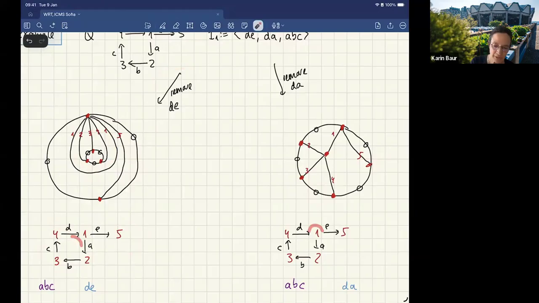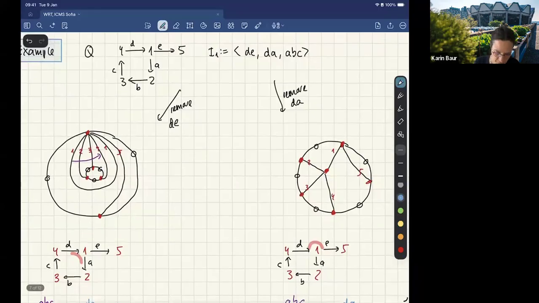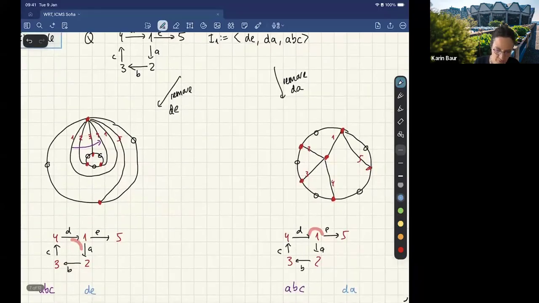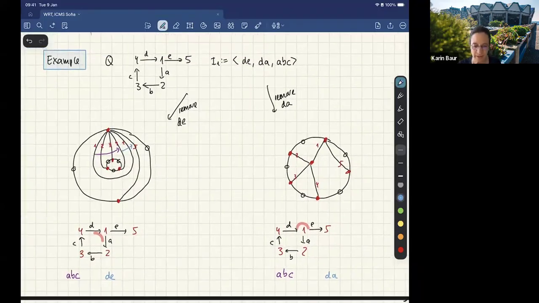And to make it complete, in the end, we have to add the labels. One for ABC, so that would be 1, 2, 3, 4. And then one for DE, which is 4, 1, 5. On the other hand, if I remove DA, it became locally gentle, infinite dimensional.